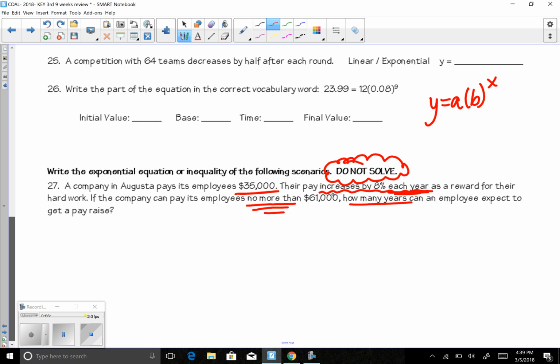Okay, so this is an increase by 8%. So I already know some things. I know my r is a percent, right? And I know that this equation is going to look like a times 1 plus r to the x power, because it's an increase. Okay. So let's see, they pay $35,000 and that increases over time.